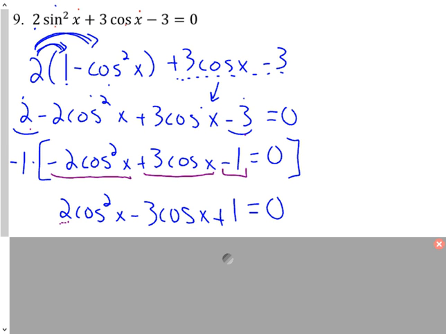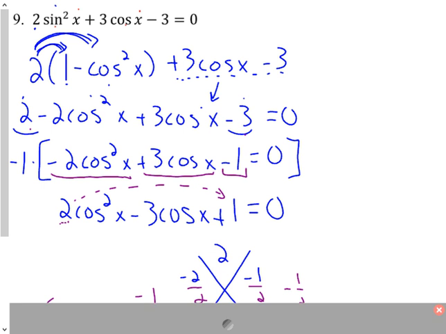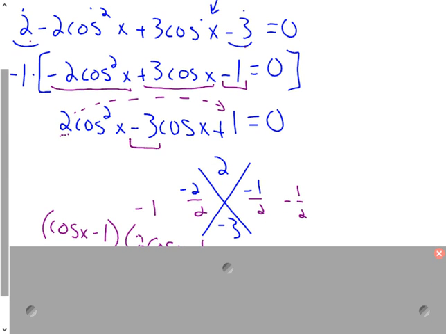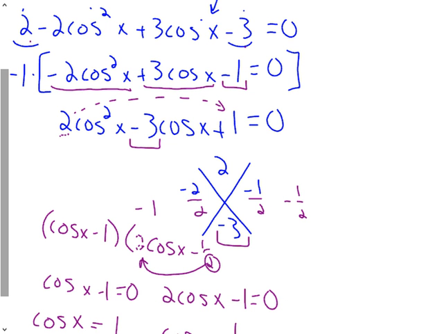And so we end up with 2 cosine squared of x minus 3 cosine of x plus 1. And then we're doing 2 times 1 and factoring. That gives us 2. And what numbers add to equal minus 3? And we get the numbers again, minus 2 and minus 1. And then we had to factor by simplifying.